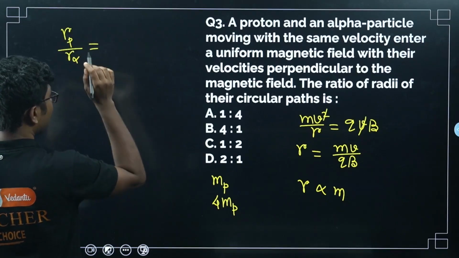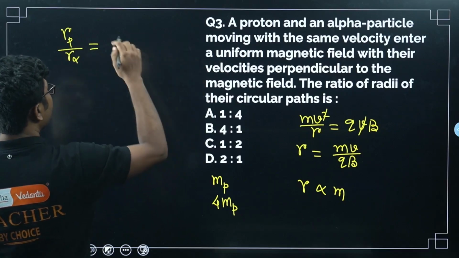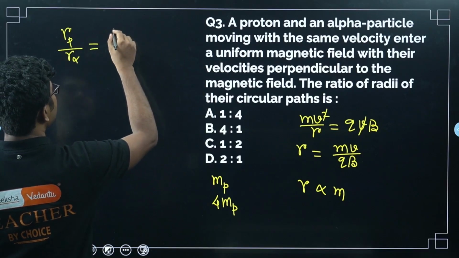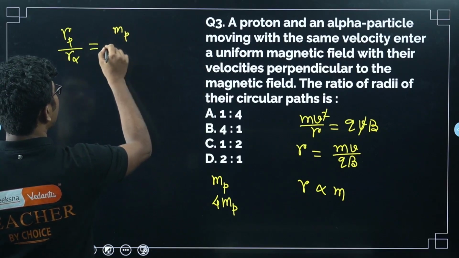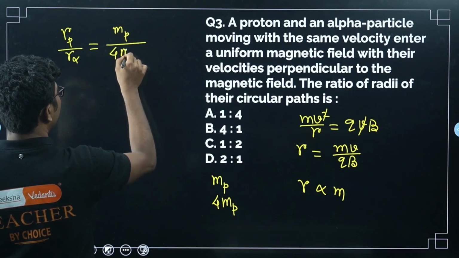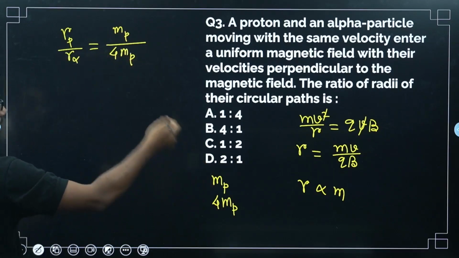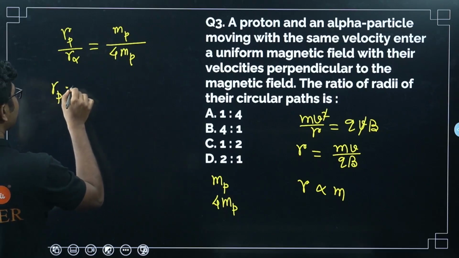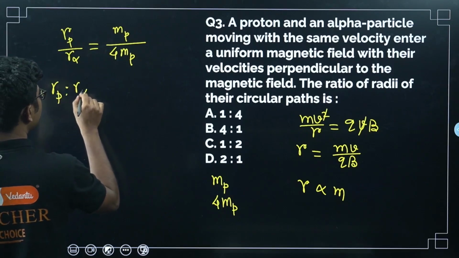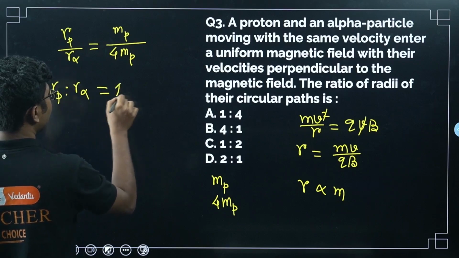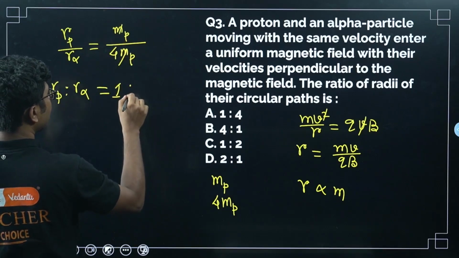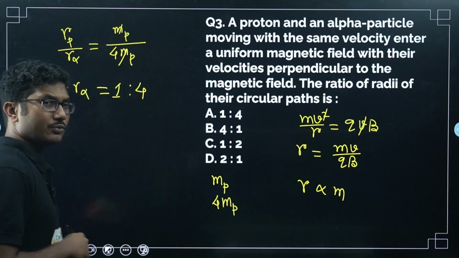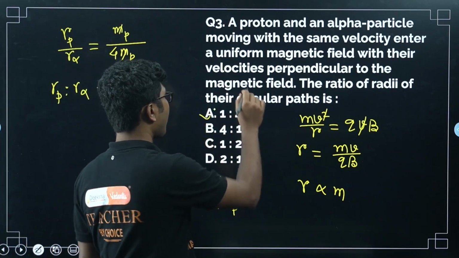Alpha particle is nothing but helium, so it will be mp, obviously, divided by 4 mp. This is the way we write. They have asked respectively, and in the question proton is mentioned first, so you should be careful about what they have mentioned. So 1:4 is the correct answer.